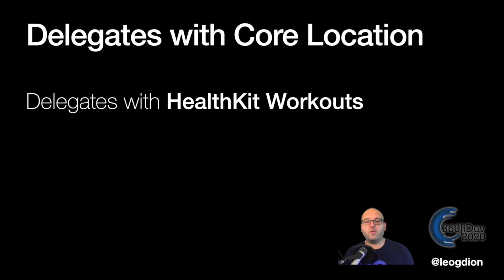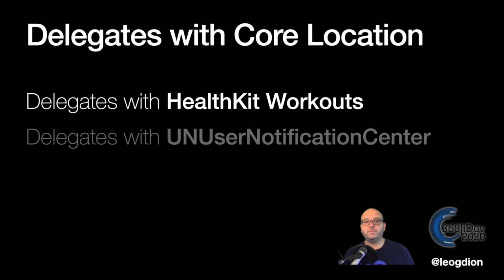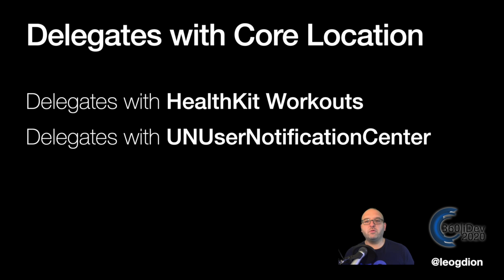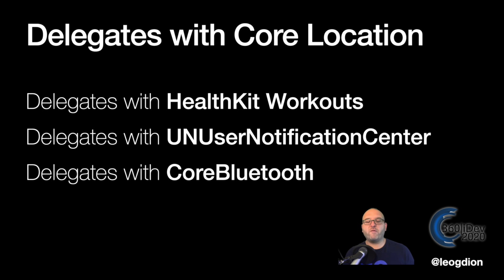And so with HealthKit workouts, I've used the same pattern of delegates creating publishers and using them within my content object. If you're doing something with User Notification Center, this will be useful as well. And with the variety of data that can come from Core Bluetooth, this will be super useful if you want to publish, say, different specifications or properties from a Bluetooth device.